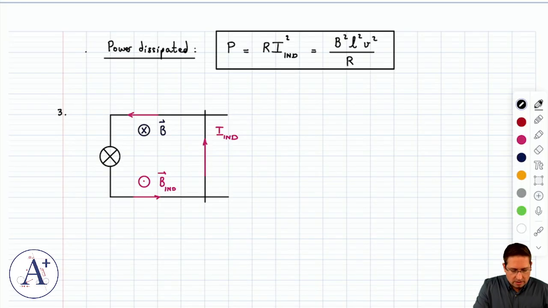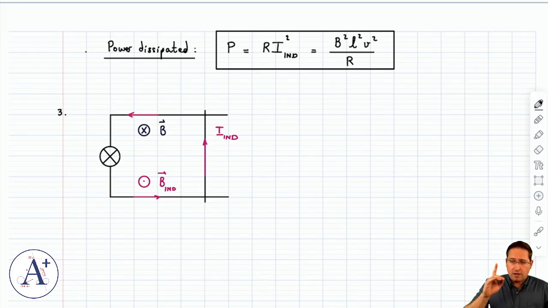Now this is super important. I've said it many times. I will say it again. I induced creates B induced. Therefore, I induced cannot feel B induced. It can only feel the original B. This is the same thing as Q, a point charge, creates an electric field everywhere around it. It cannot then say, oh wow, an electric field.